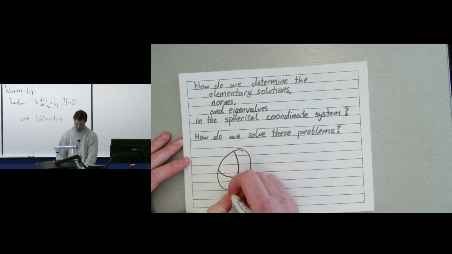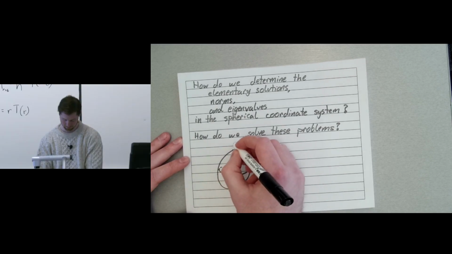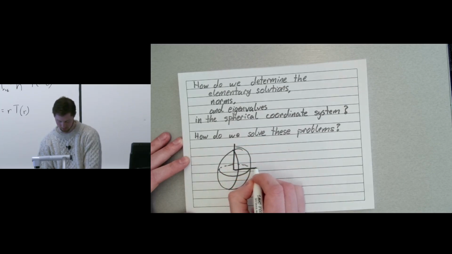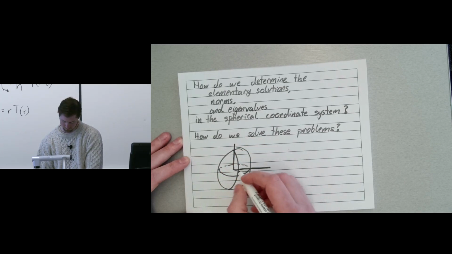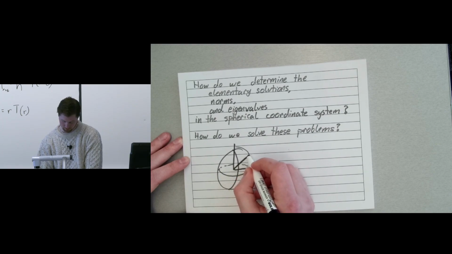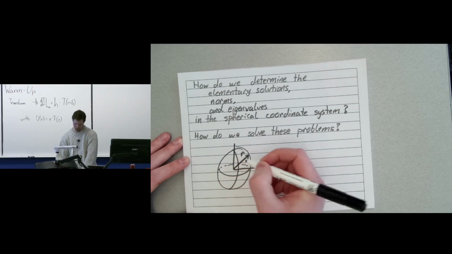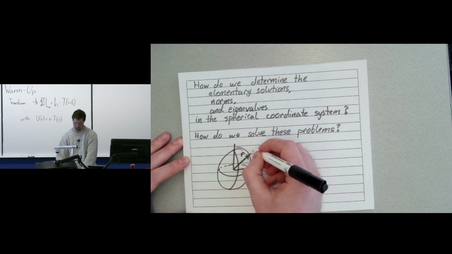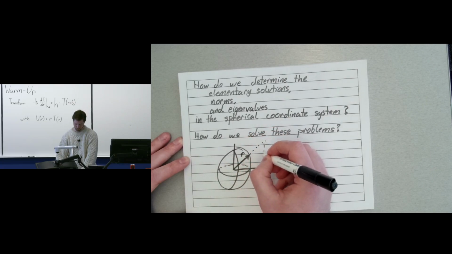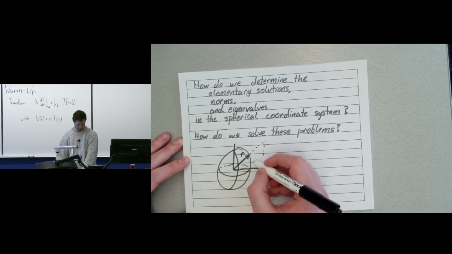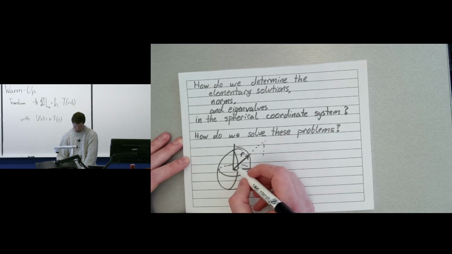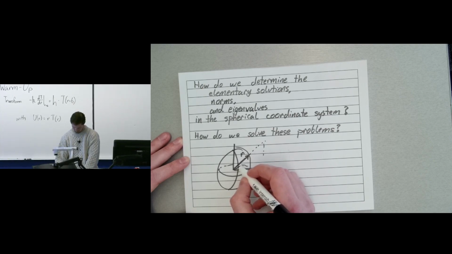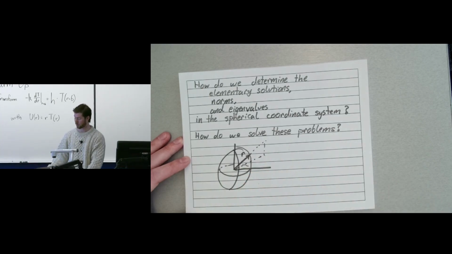So we're going to have our 3 axes. First we're going to have R, which is just going to be our radius.